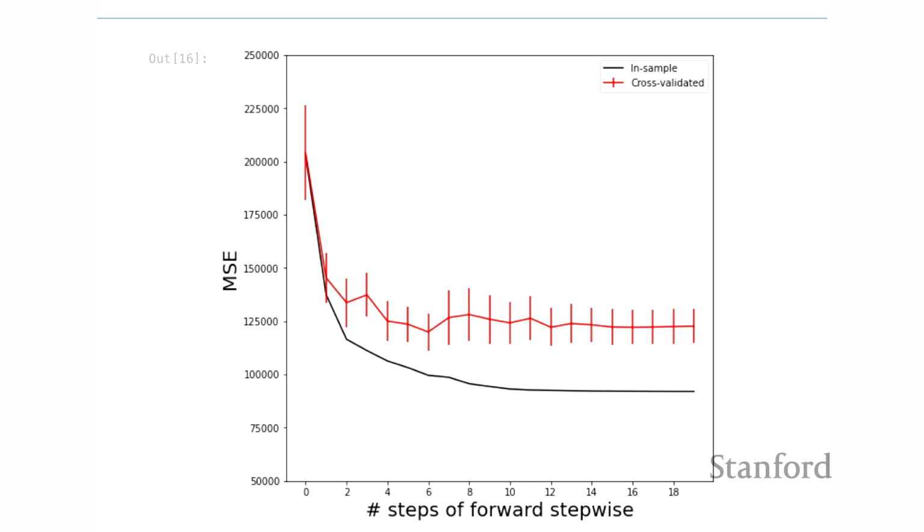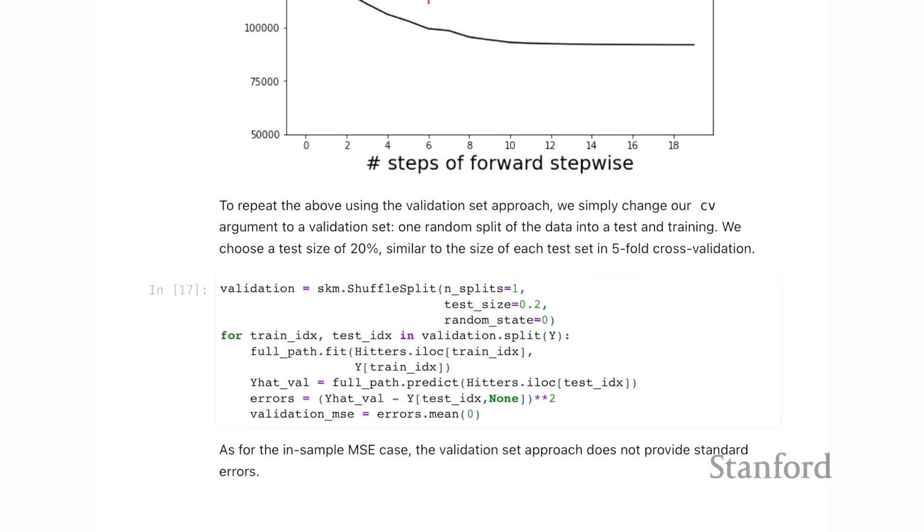And you sometimes see that, and of course you have to take the standard errors into account. But if I were to look at this plot, Jonathan, I would say maybe a model with 6 terms is a good model to select. Yeah, that looks promising. And the standard errors help us make the selection.